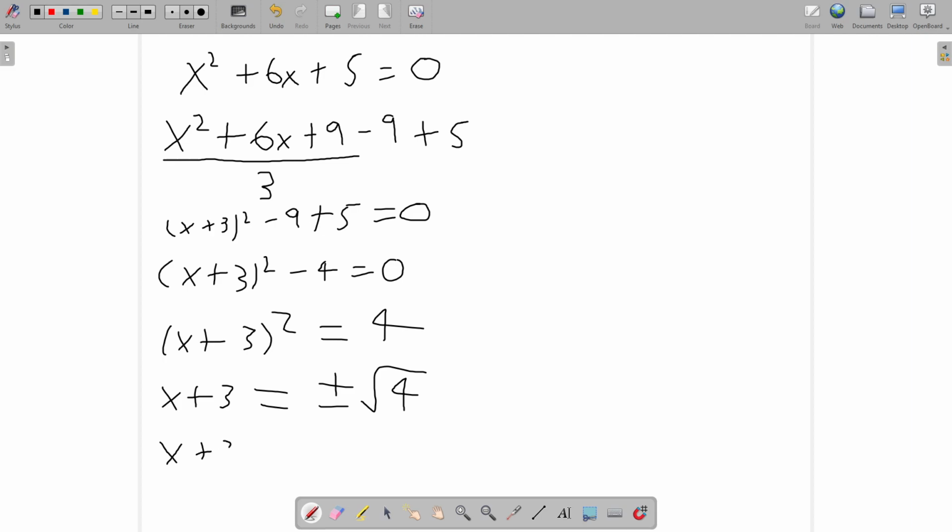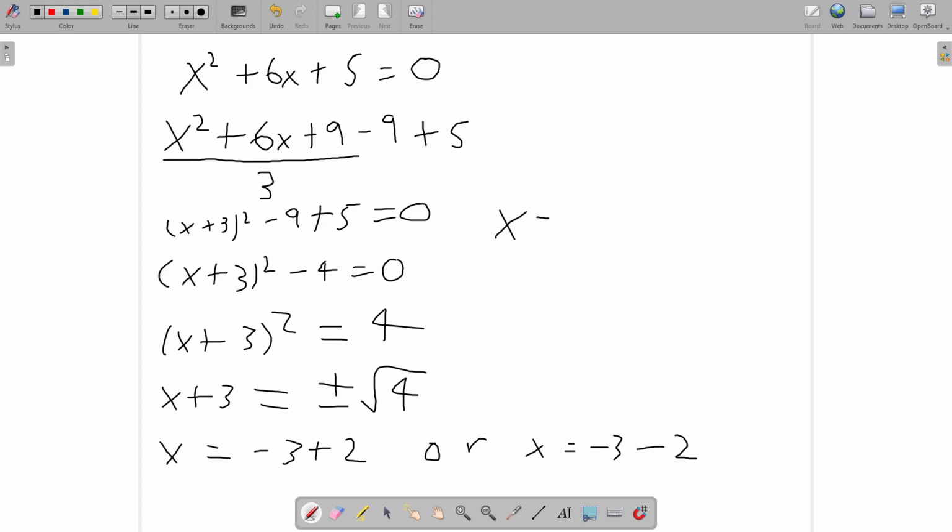This then becomes x equals minus 3 plus the square root of 4, which is 2, or x equals minus 3 minus the square root of 4, which is 2.